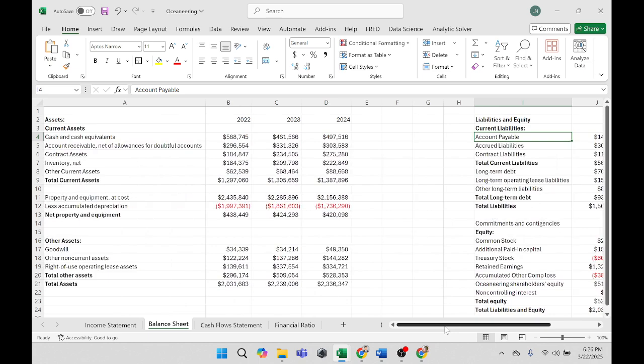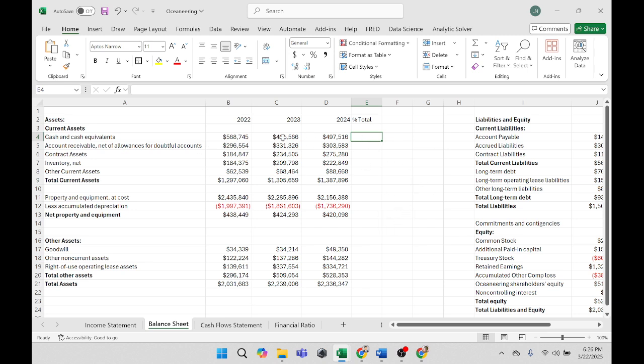All right, one more thing I want to let you guys know is why do we use the balance sheet? The reason we use the balance sheet is so you can see the structure of a company. What do I mean by the structure of a company? You guys remember the concept of percentage of total, right?